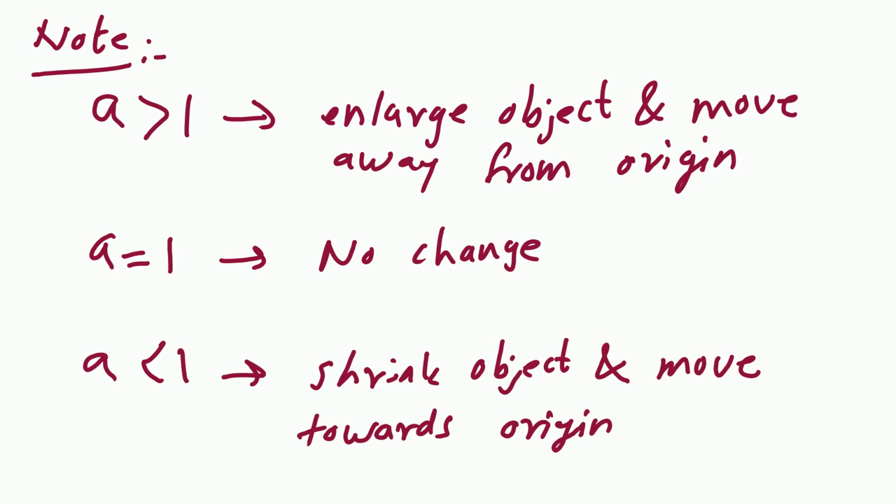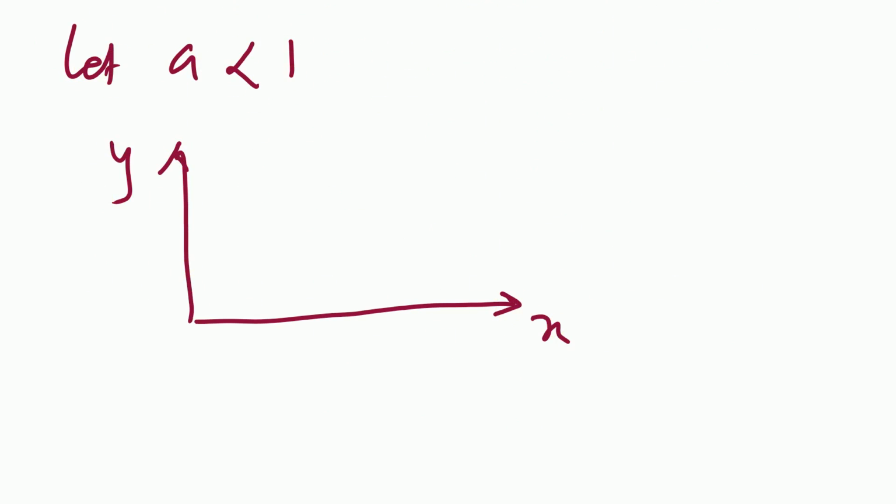Let's see one more pictorial representation of the same. Let us consider that a is less than 1. Let us draw the object. That's my y-axis, this is my x-axis, and when the value of a is less than 1, it will shrink the object.